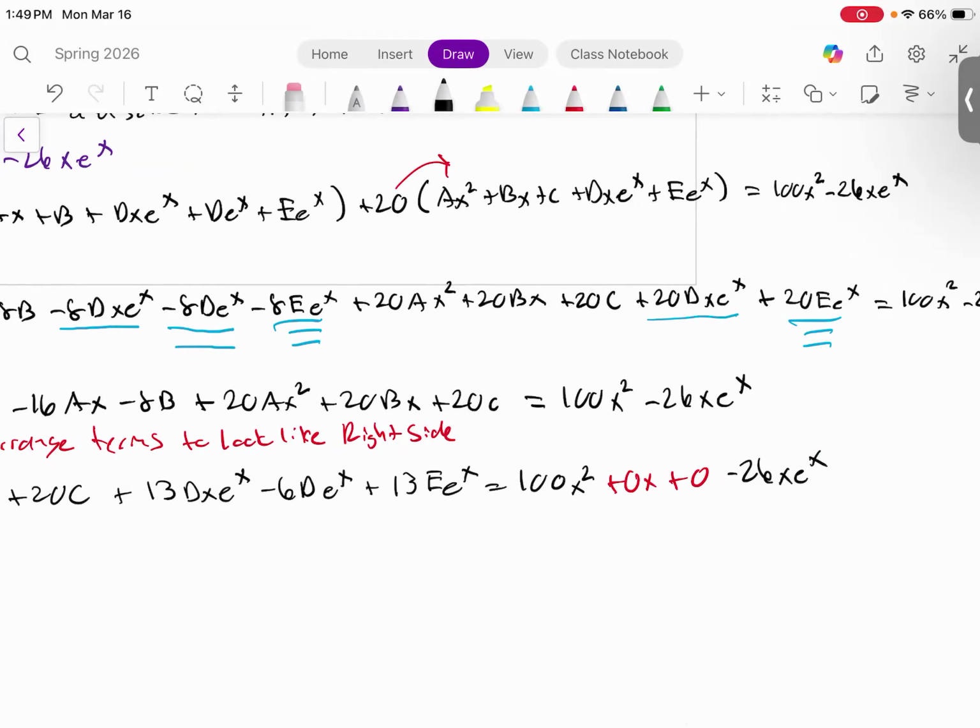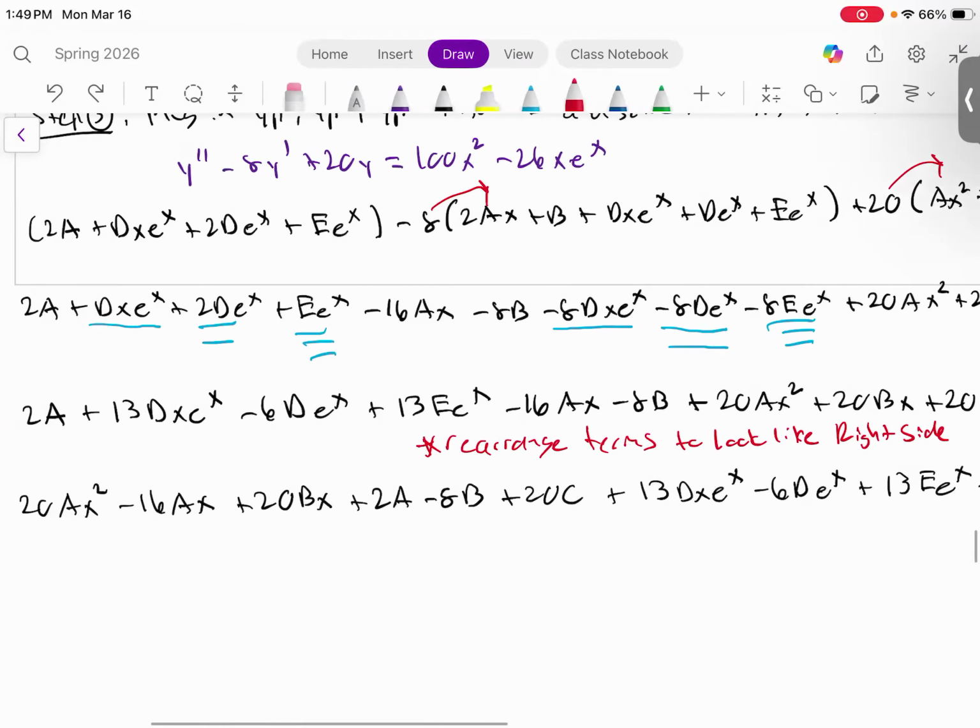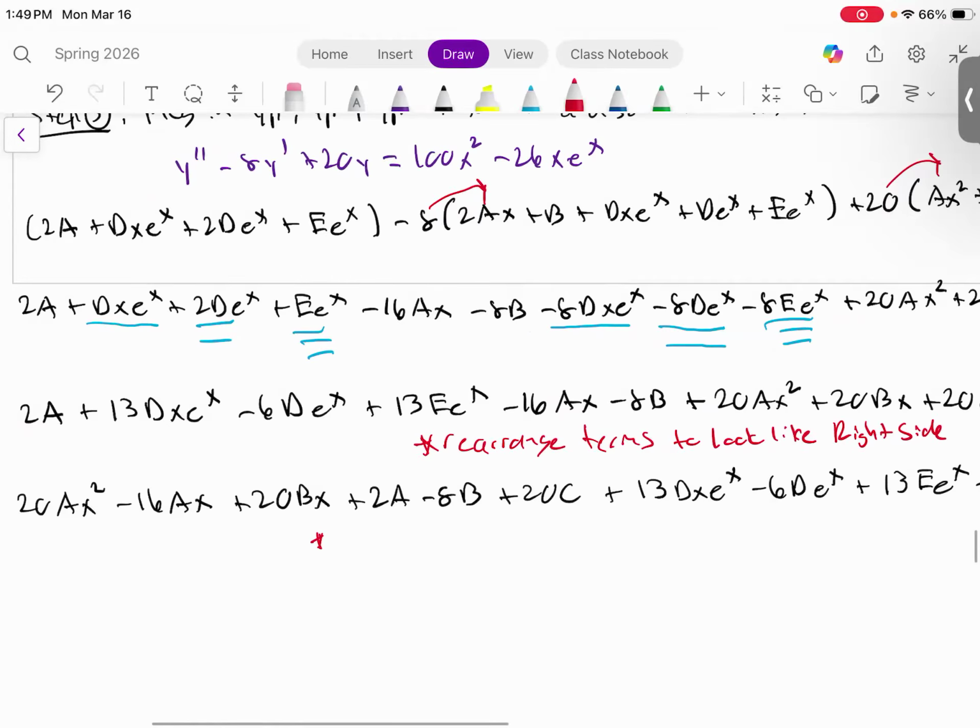And then it looks like I'm missing a 0 e to the x term because of the e to the x terms right here. So we need to have a 0 e to the x placeholder.